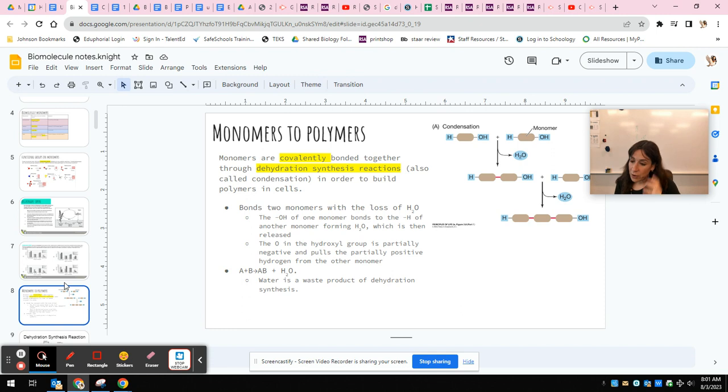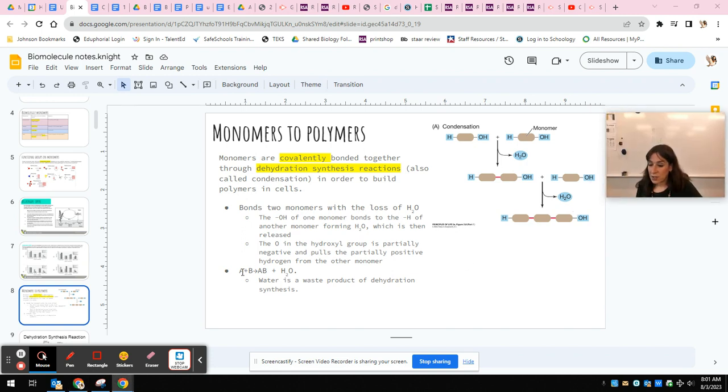So how you build polymers from monomers is by covalently bonding monomers together through a reaction called dehydration synthesis. And this is also called condensation, because when this reaction happens and the bond is formed between two monomers, a water molecule condenses out or drops out, and it's going to be a waste product of the reaction.